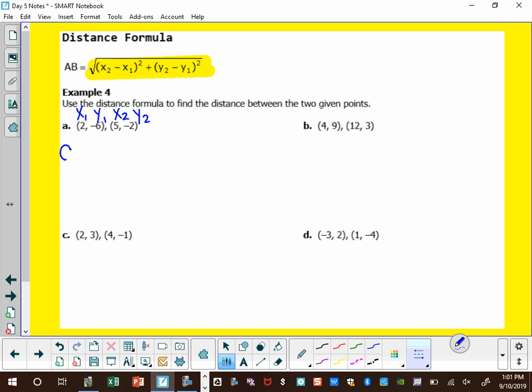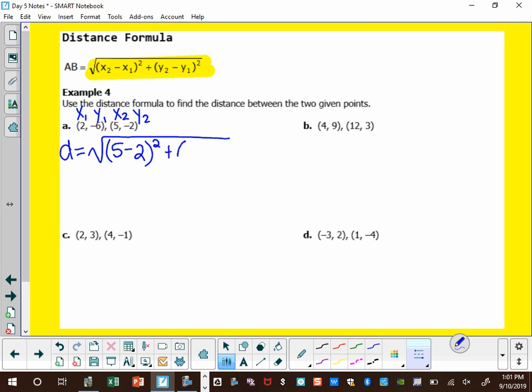Okay, to find the distance, I want you to write what I'm writing. Don't type anything yet. All right, so my formula tells me I have x2 minus x1. Chris, what's my x2? 5. 5 minus 2, that's my x1, squared.